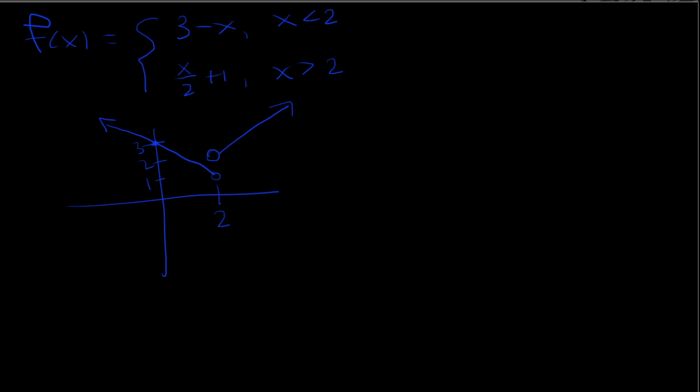So let's take a look at the limit as x approaches 2 from the right. We're going to do 2 from the left, and then we're going to look at just 2. So if we look at 2 from the right, we're obviously going to be looking at this part of the graph.